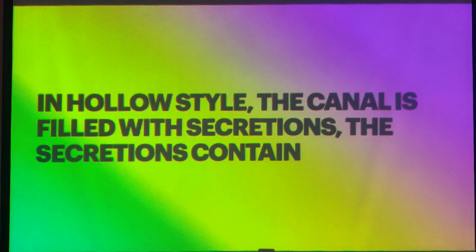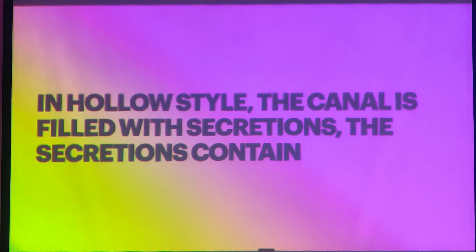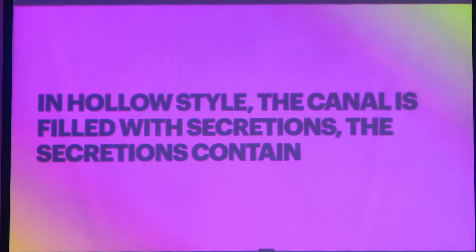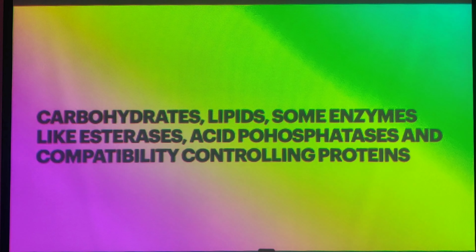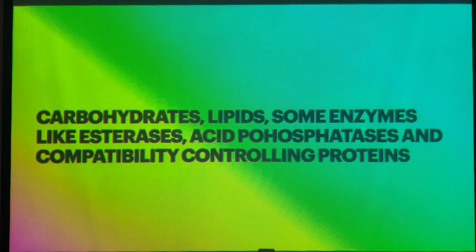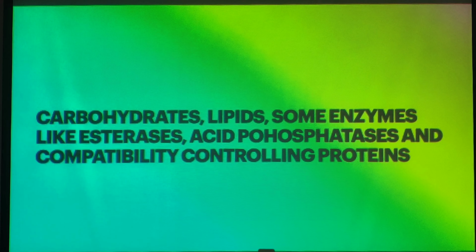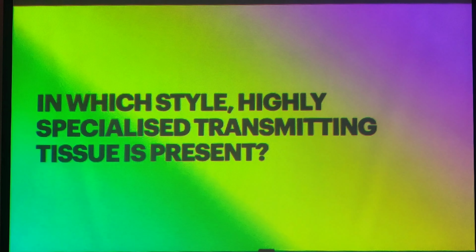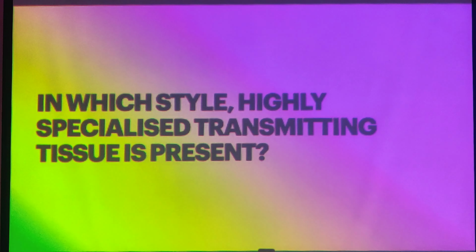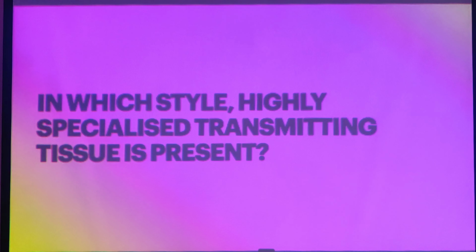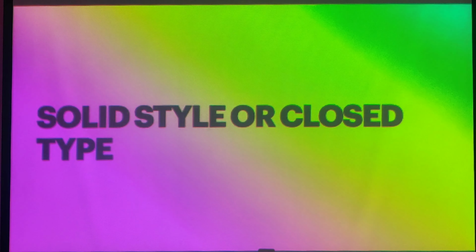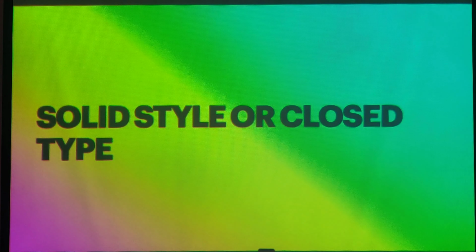In hollow style, the canal is filled with secretions. The secretions contain carbohydrates, lipids, some enzymes like esterases, acid phosphatases, and compatibility controlling proteins. In which style is highly specialized transmitting tissue present? Solid style or closed type.